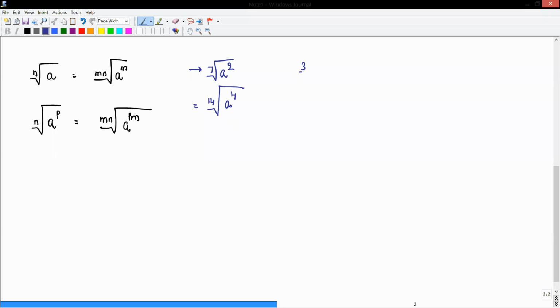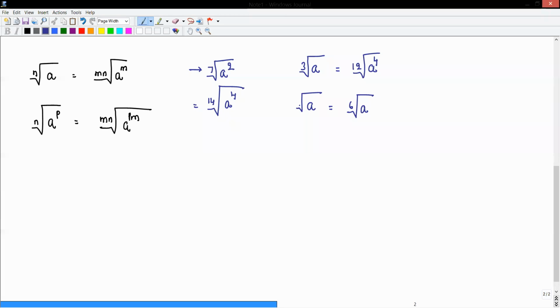I have the third root of a. How can I make it the 12th root? A power 1, you multiply the power by 4. How can I make the square root the 6th root? Don't say that you're multiplying by 6. That is incorrect.